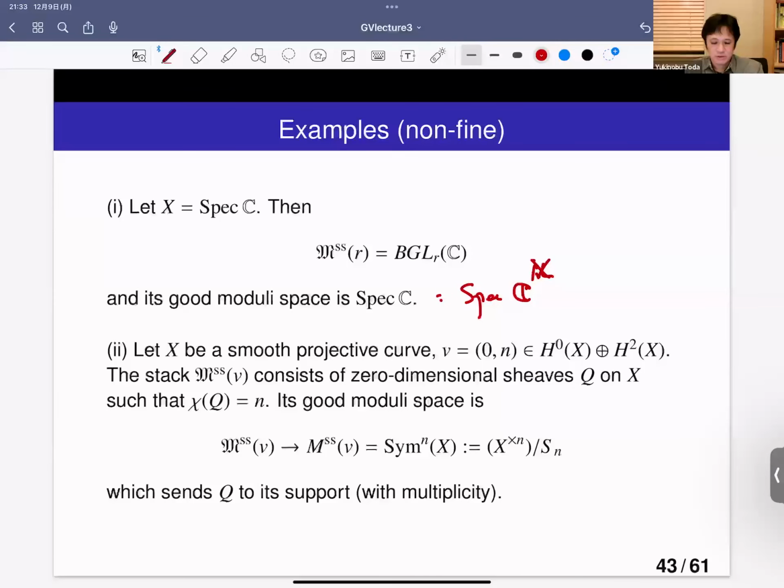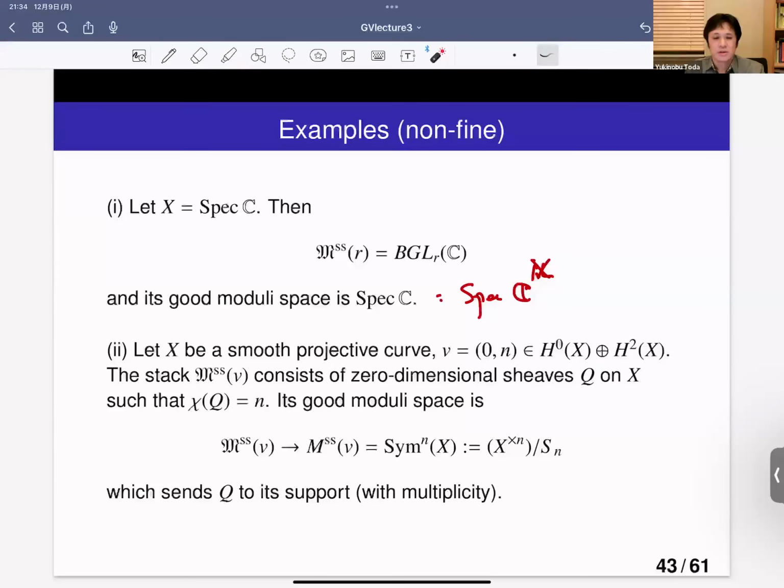And similarly, let's take X to be a smooth projective curve and take the Chern character to be just 0 and n. And of course, this is not a primitive vector, so the previous GCD condition is not satisfied, and the moduli theory is not fine. In fact, this moduli stack consists of zero-dimensional sheaves on X whose Euler characteristic equals n.